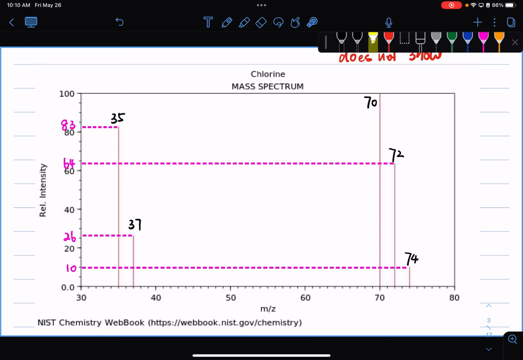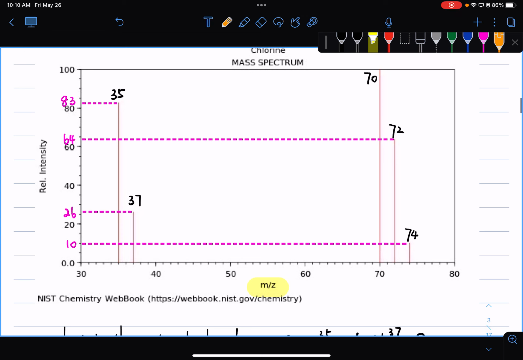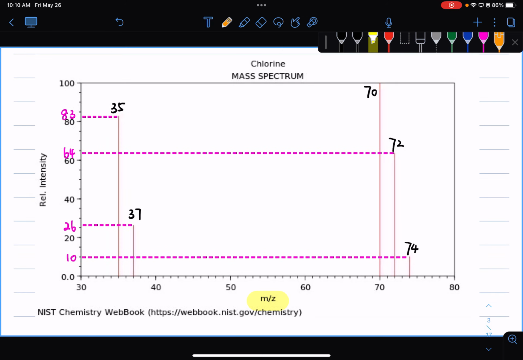So in this case, what we have on this diagram, let's go over it slowly, how to read the diagram and how to get information out from it. Again, for any diagram, we start by looking at its x-axis and y-axis. On the x-axis, we have m/z. What this means is the mass to charge ratio.